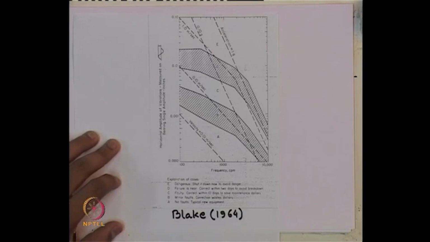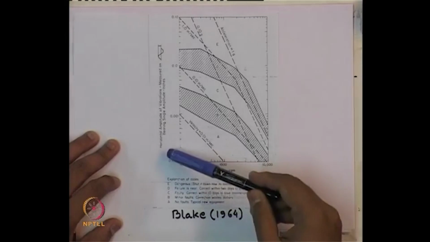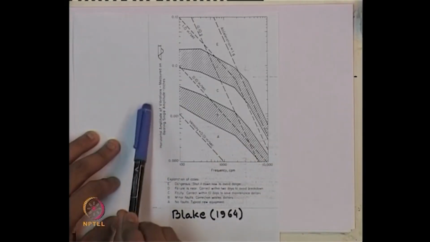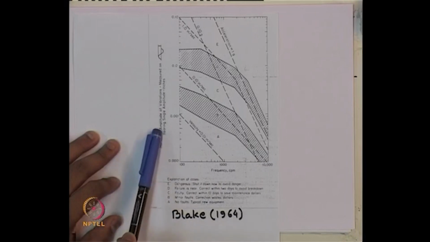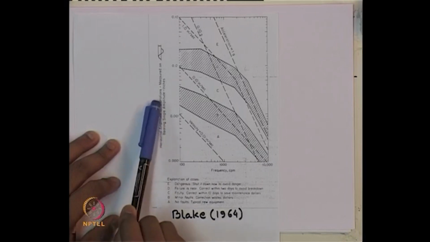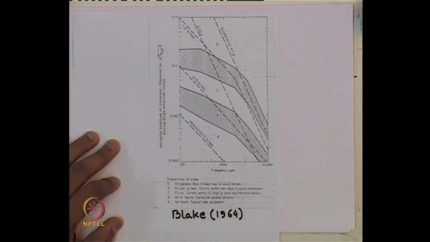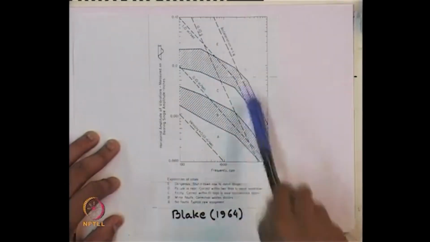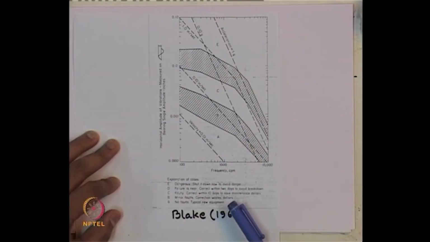In this case, the x axis is again frequency in CPM, cycles per minute, and the y axis gives us horizontal amplitude of vibration measured on bearing, single amplitude in inch unit once again, and ranges of different velocities and accelerations are given.